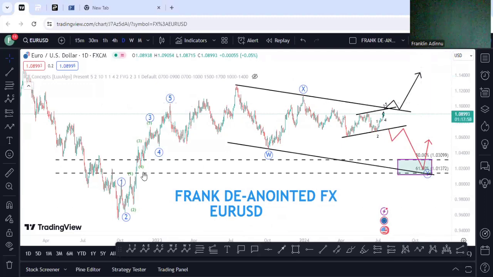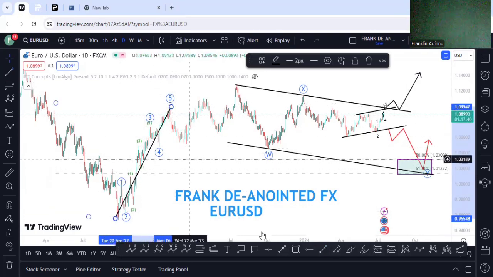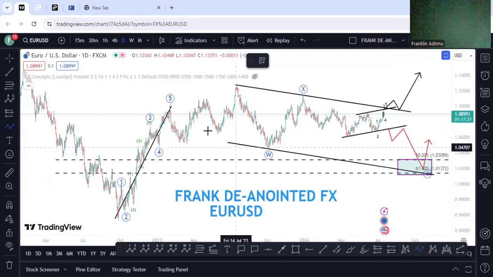So looking at Euro US dollar in daily time frame, you see where the bullish movement started from this very place and moved from here to this place and then did the correction. This is the correction.